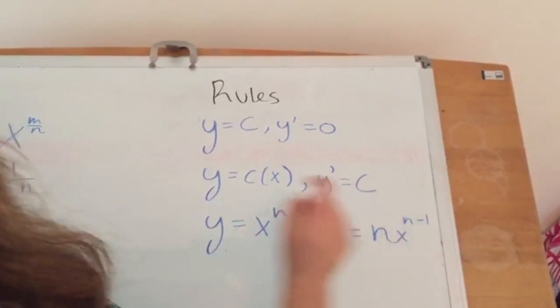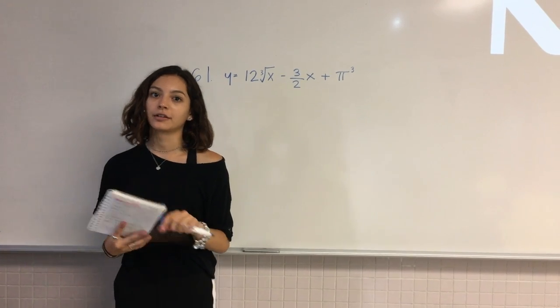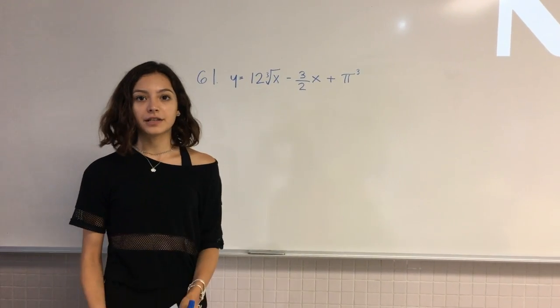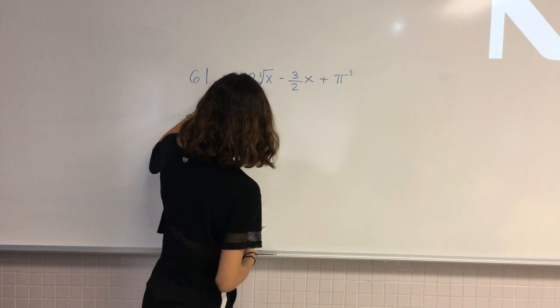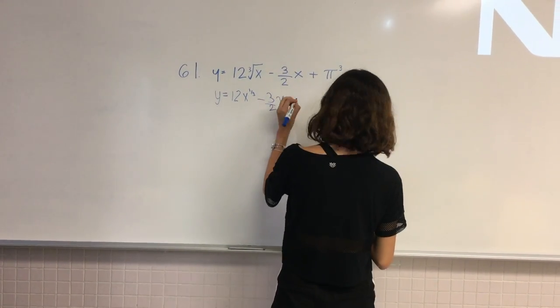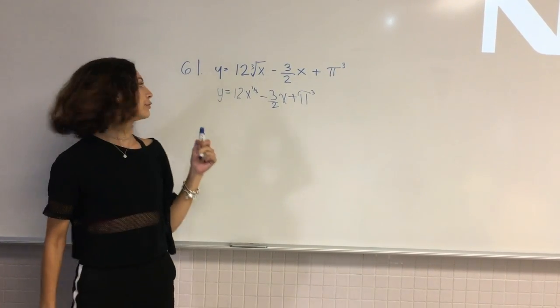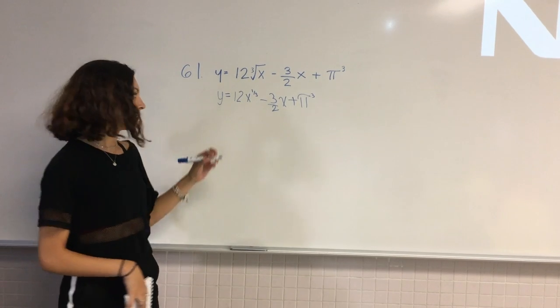The problem that the teacher assigned to us is number 61. The first step is rule of exponents. Now we're able to differentiate.